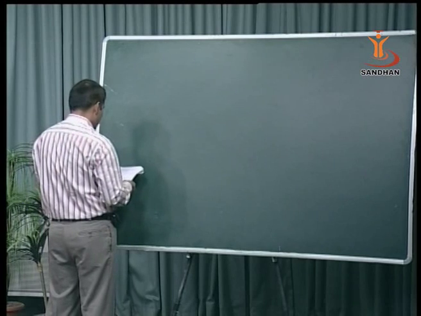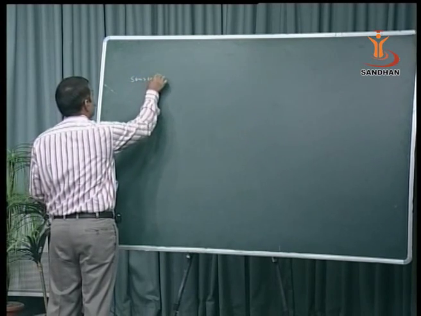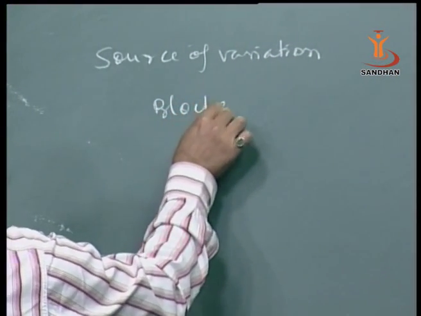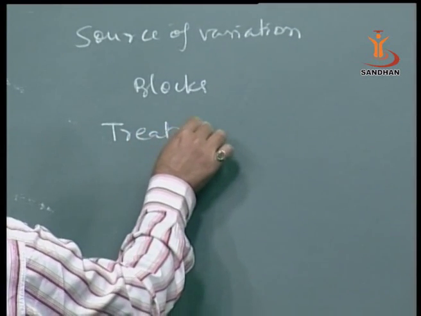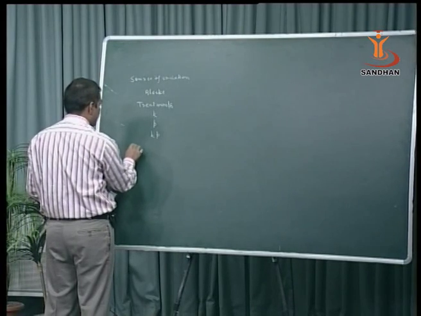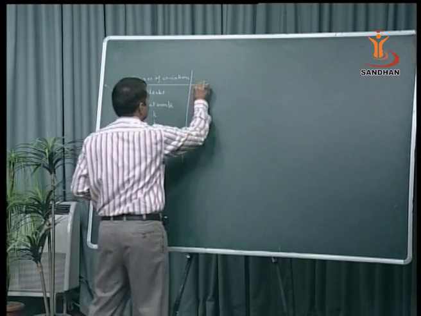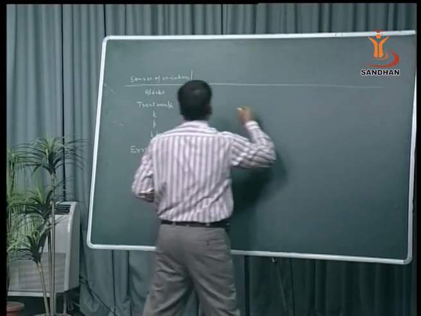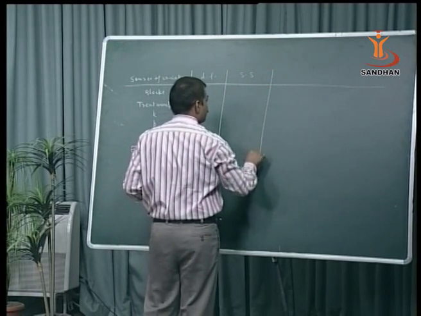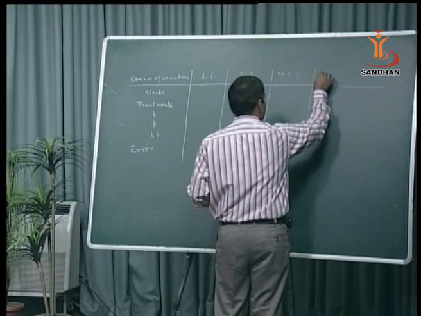So when we write the analysis of variance table, here we write source of variation, say blocks, here treatments, K, P and KP, and here we write error. Here we write degrees of freedom, sum of squares, mean sum of squares, and the value of F, the variance ratio.